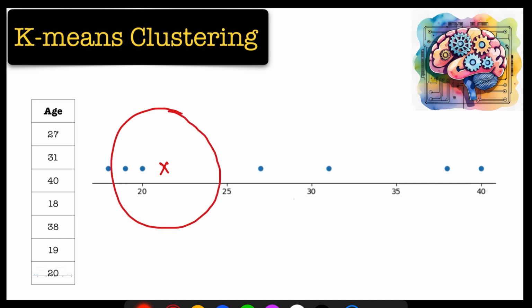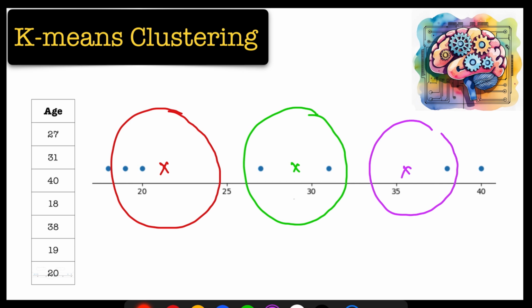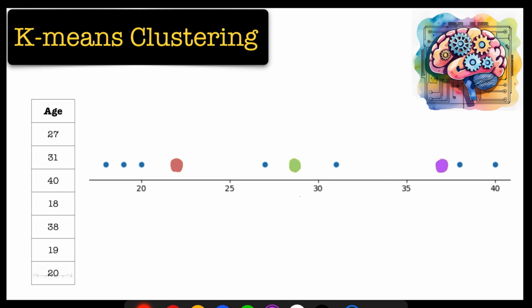This is a spherical cluster. And let's say this is one more cluster centered around this centroid, and there is one more cluster here centered around this centroid. The process will start from here. Initially, we randomly assigned these 3 cluster centers or centroids.